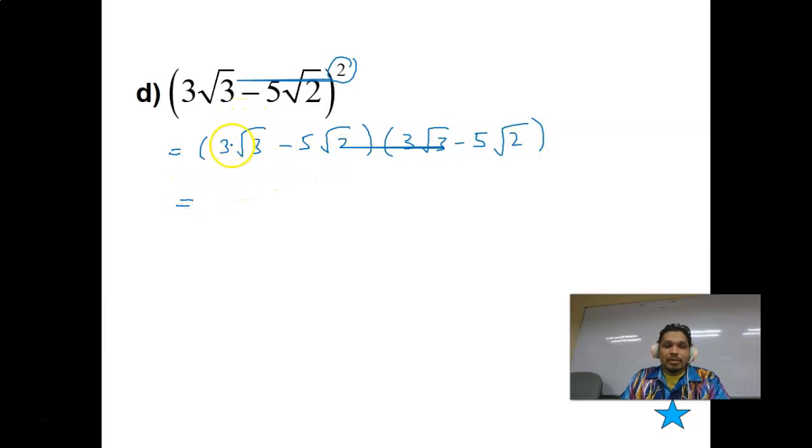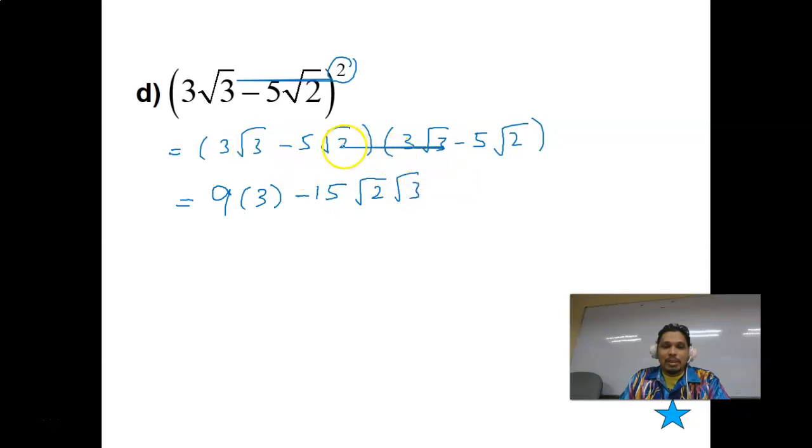So for this one here, 3 square root of 3 times 3 square root of 3: 3 times 3 equals 9, square root of 3 times square root of 3 equals 3. And this one multiplied with this one, 3 times negative 5 equals negative 15, square root of 3 times square root of 2.